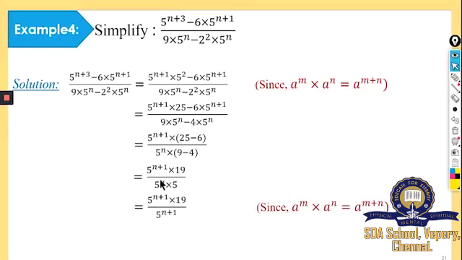So applying this law, a power m into a power n equals a power m plus n, we have got the denominator as 5 power n plus 1. Now we have 5 power n plus 1 in both the numerator and the denominator, so we can cancel that. So the leftover term will be 19. So 19 is the required answer. Understood? Okay, moving to the next sum.